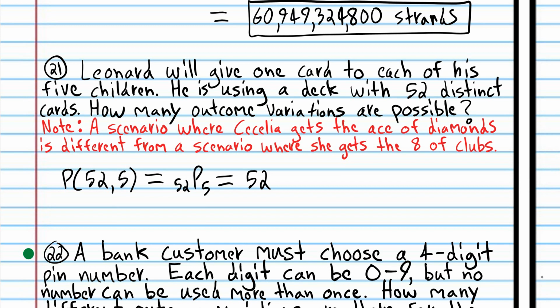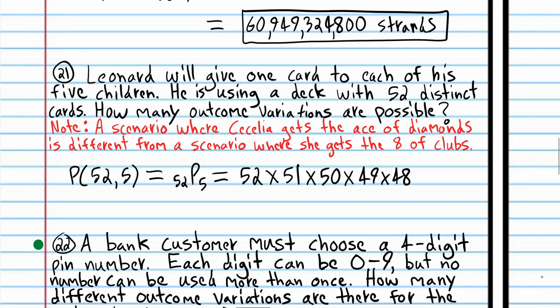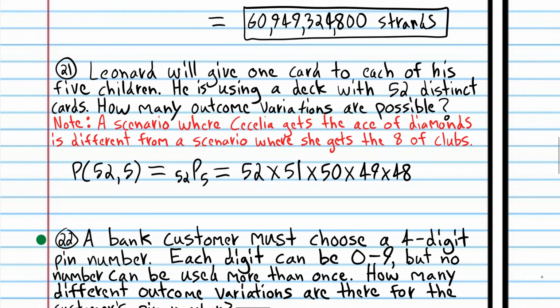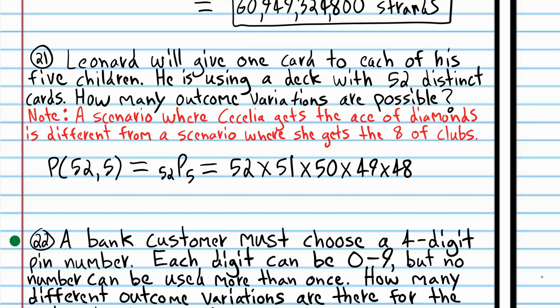There's 52 options for the first choice, but once we give the first card to the first child, we don't have 52 options for the next card. We only have 51 because we're not allowed to use a card more than once. So then we have the third child and the fourth child and the fifth child. And that's it. So whatever that number ends up being, that's our answer.